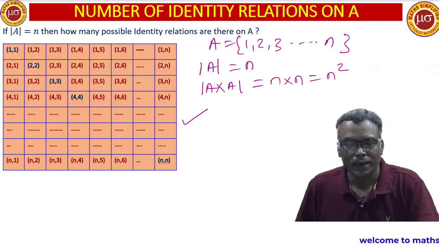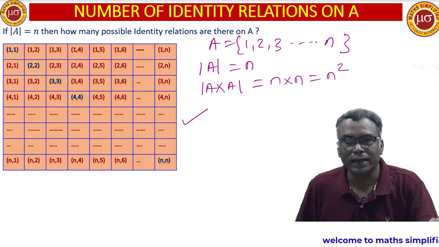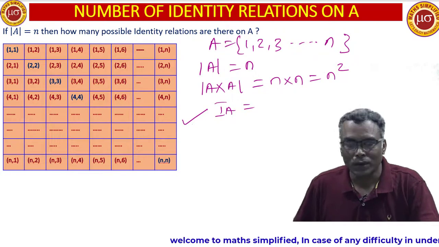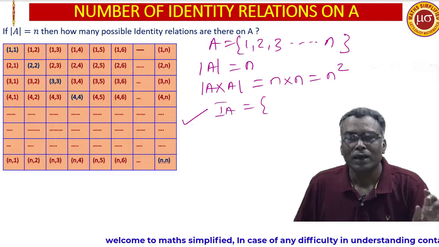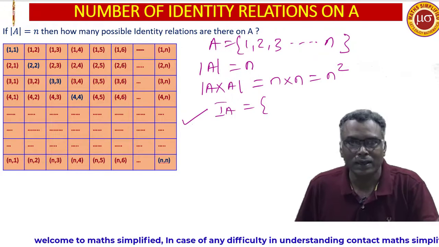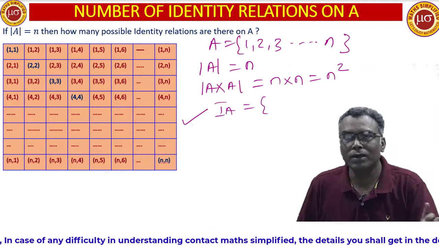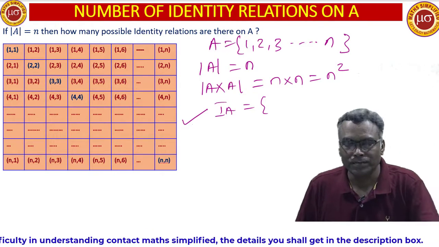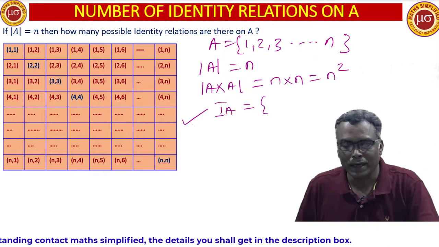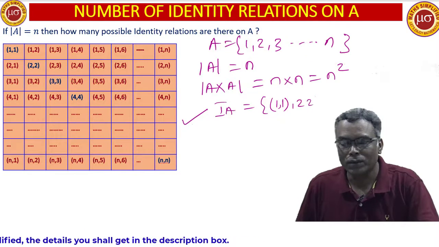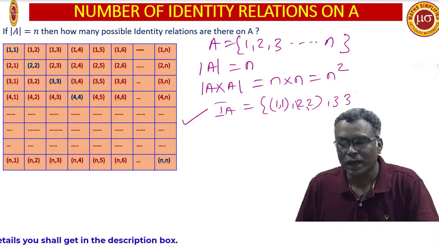Now, what is the meaning of an identity relation? An identity relation I_A is that relation where every element is related to itself only. Therefore, the identity relation must contain (1,1), (2,2), (3,3) and (n,n).